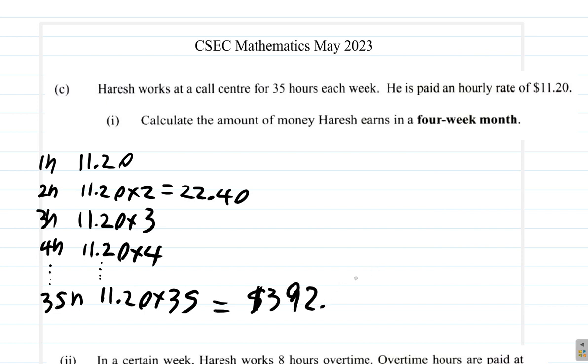Now it's 35 hours each week, so this is 1 week, but he earns in a 4-week month. You have to have 4 of this for the month.